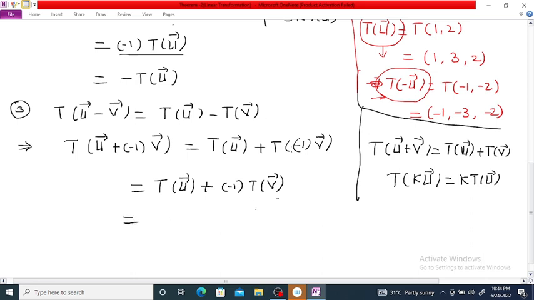This is nothing but T of u bar minus T of v bar. So if T is a linear transformation, then T of u bar minus v bar is equal to T of u bar minus T of v bar.